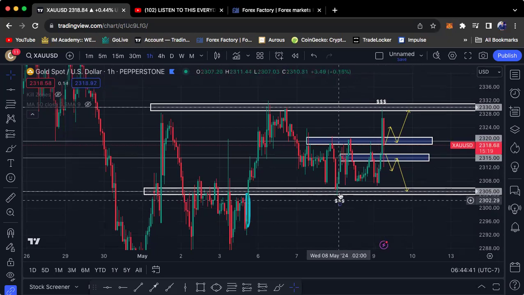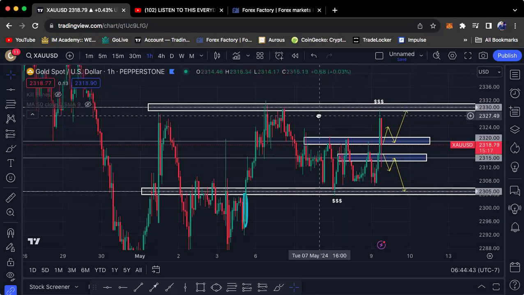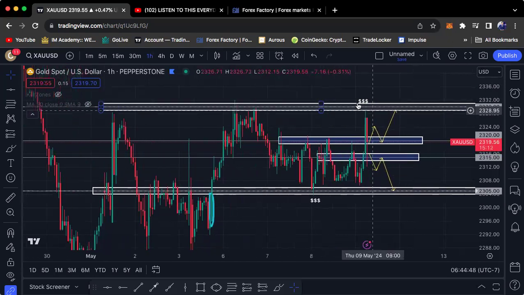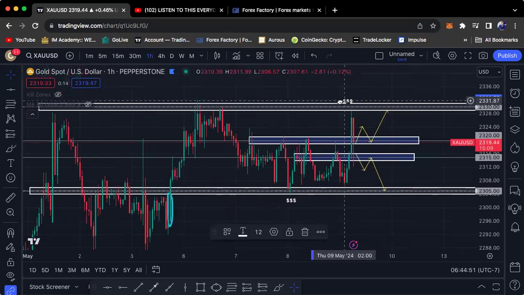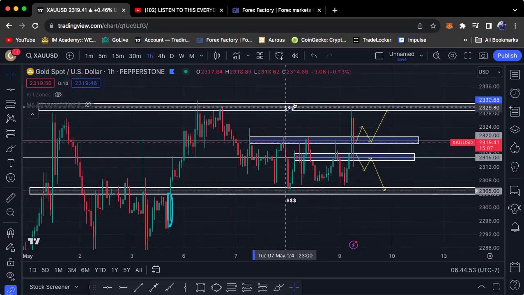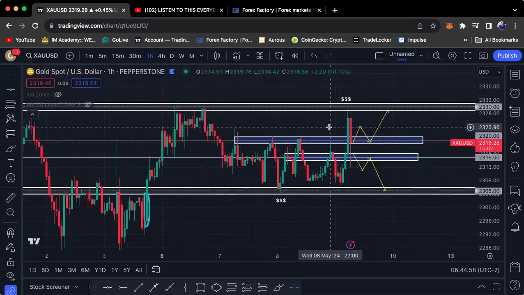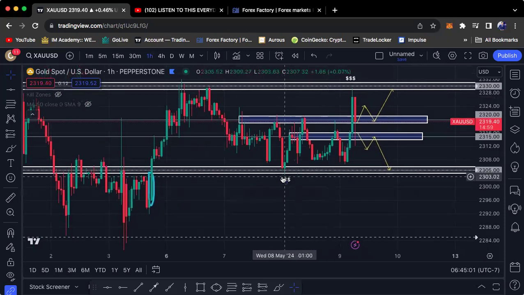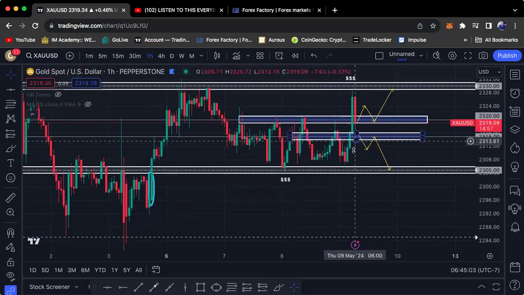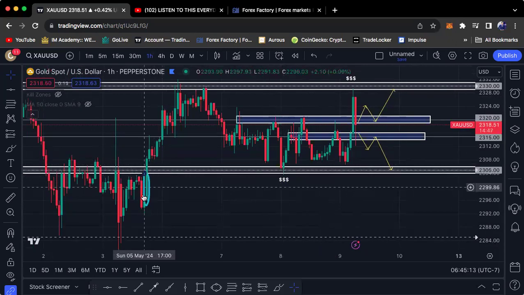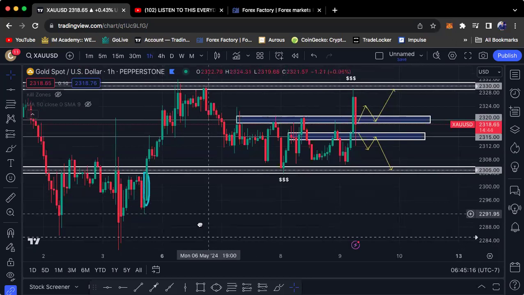But sometimes I use it as exit. Like here is your entry, but I'm gonna use this liquidity as my exit, right? Because price is eventually gonna wipe out these buyers here, these stop losses, and fill this gap right here.